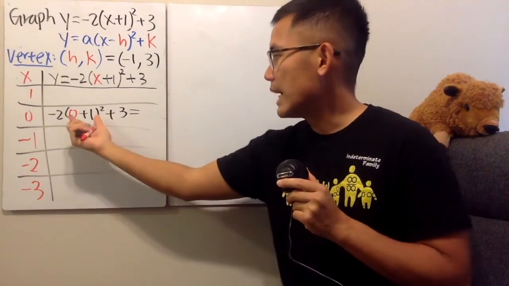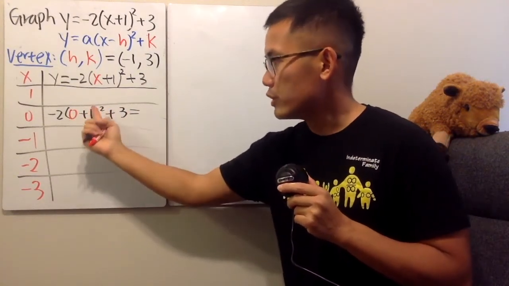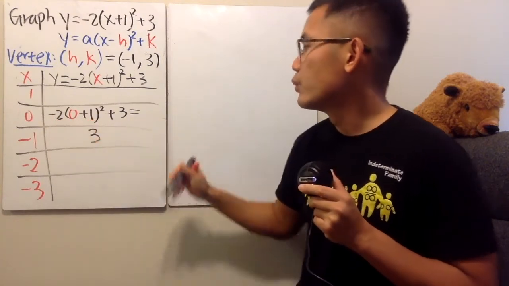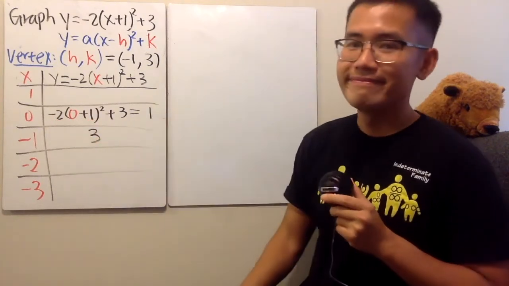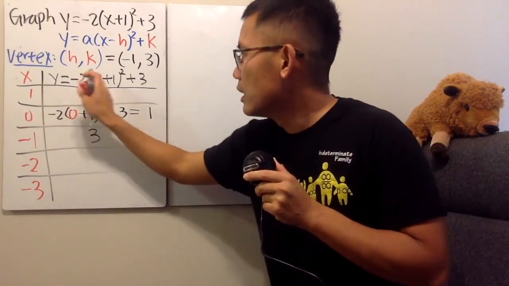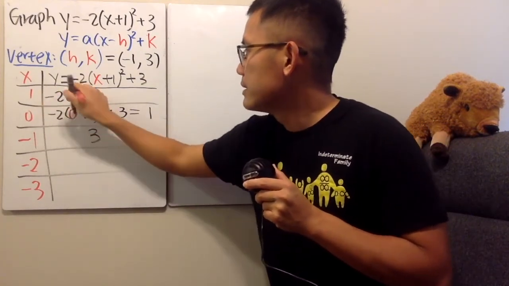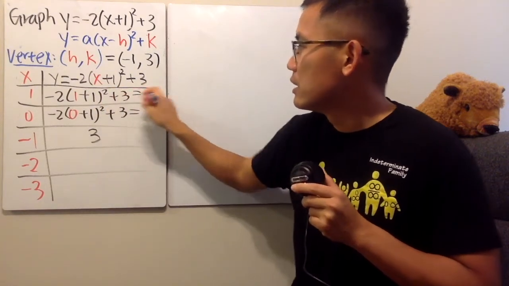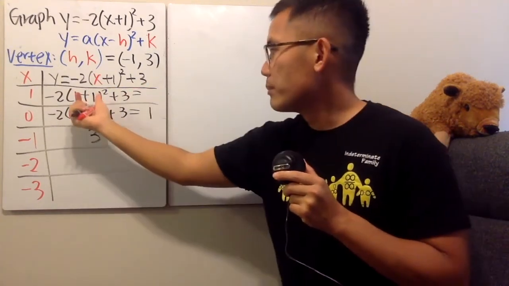For this, work that out. This is 1 square, which is 1, times -2 is -2, plus 3, we get +1. And then let's put the 1 here. We get -2 times 1 plus 1 square and then plus 3. Well, in this case, 1 plus 1 is 2.